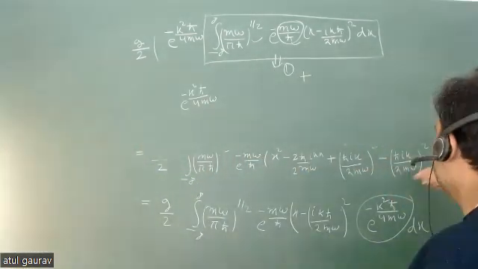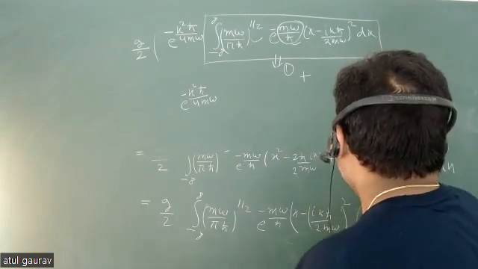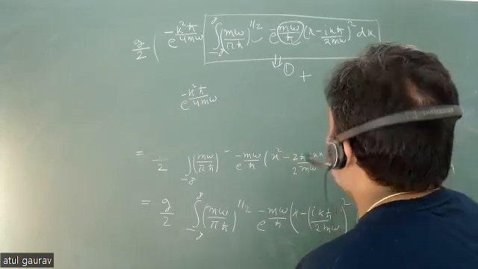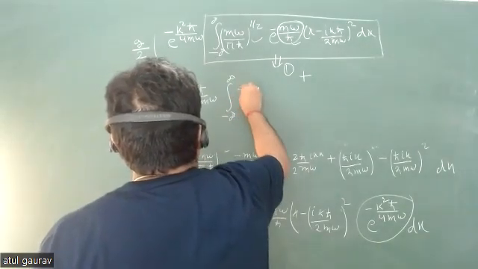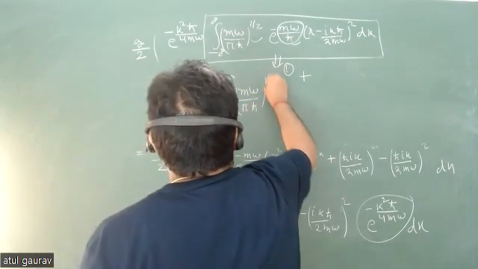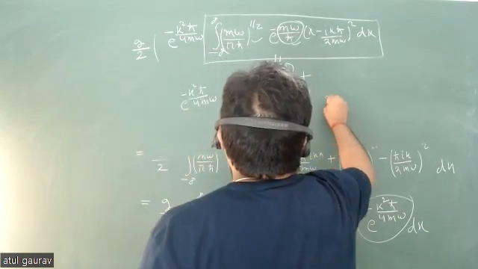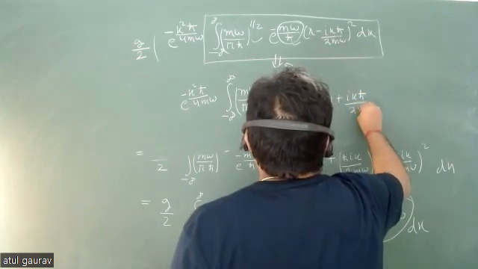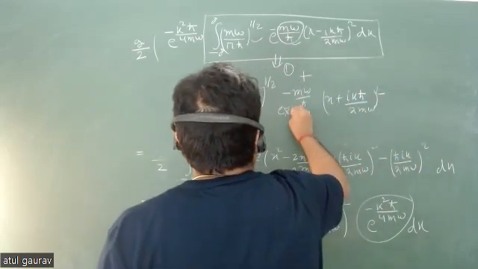क्योंकि यही टर्म तो बाहर करोगे नेक्स्ट वाले में भी, है ना? ओनली ये टर्म प्लस और माइनस है, ये तो आप अपनी तरफ से ऐड कर रहे हो. तो ये अगर प्लस भी हो जाएगा तो कोई खास फर्क नहीं पड़ेगा. You have to go for this term. लेकिन अंदर के टर्म क्या हो जाएंगे? Minus infinity to plus infinity, (m omega upon pi h cut) to the power 1/2, e to the power minus m omega h cut (x plus i k h cut upon 2m omega) whole square, that is exponential.